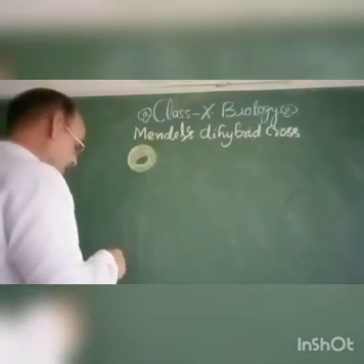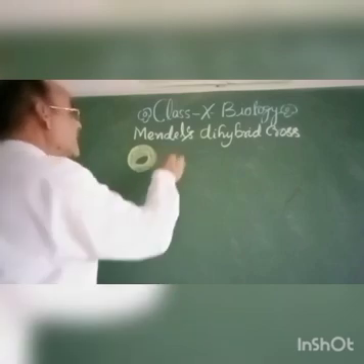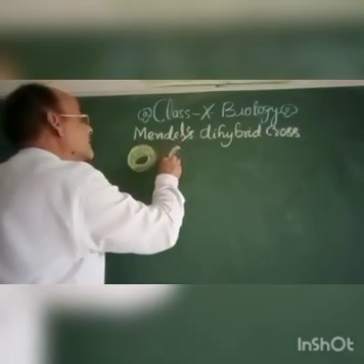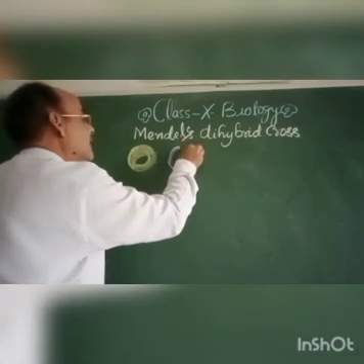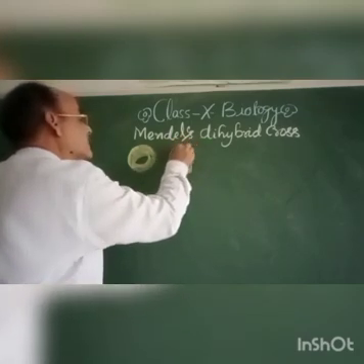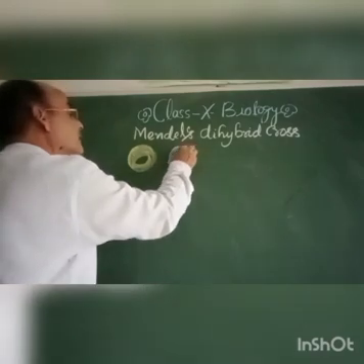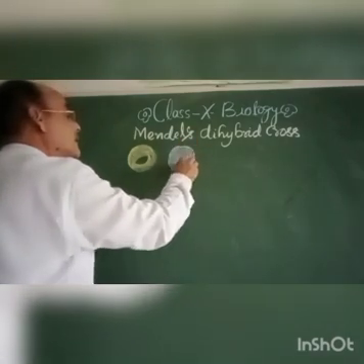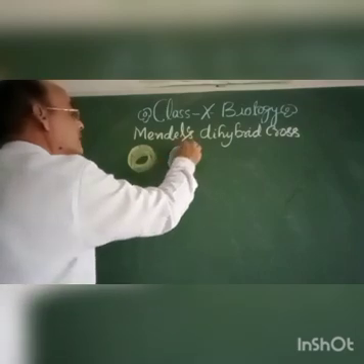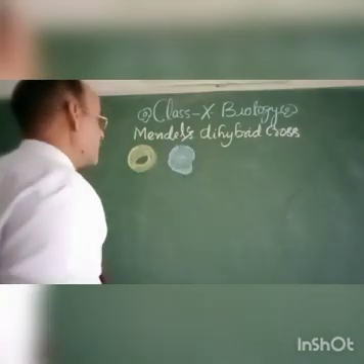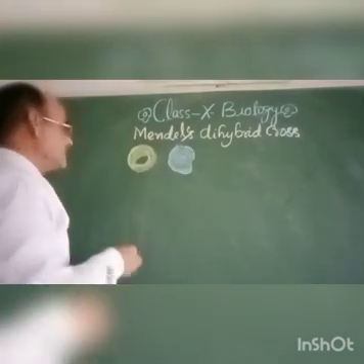Another character that is taken is green and wrinkled. So this is green and wrinkled shape of seed. By using these colors, I am going to represent the explanation of Mendel's dihybrid cross.